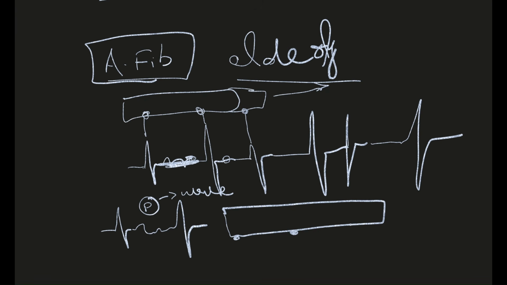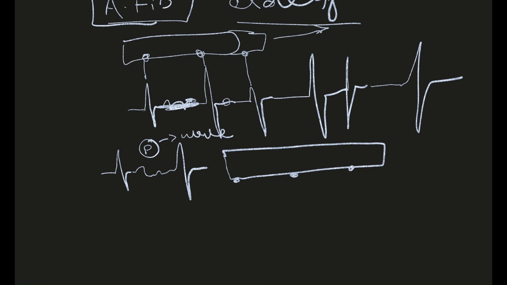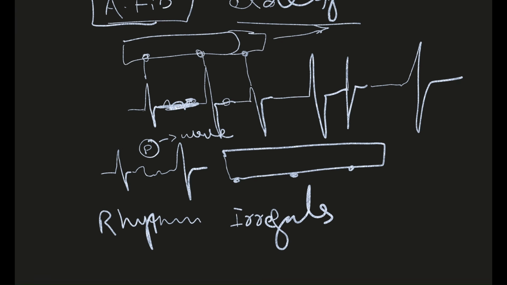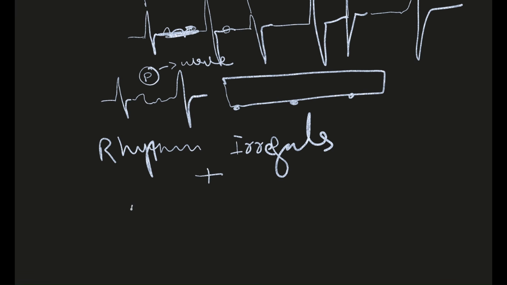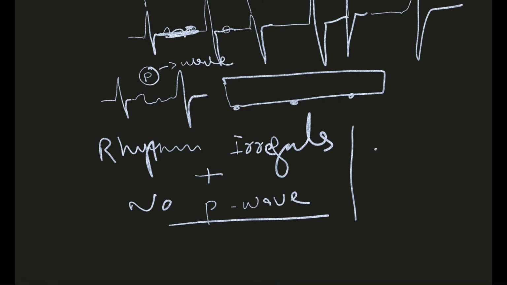They will be like this at a different region. So what happens? Rhythm is irregular and plus no P wave. That makes it atrial fibrillation.